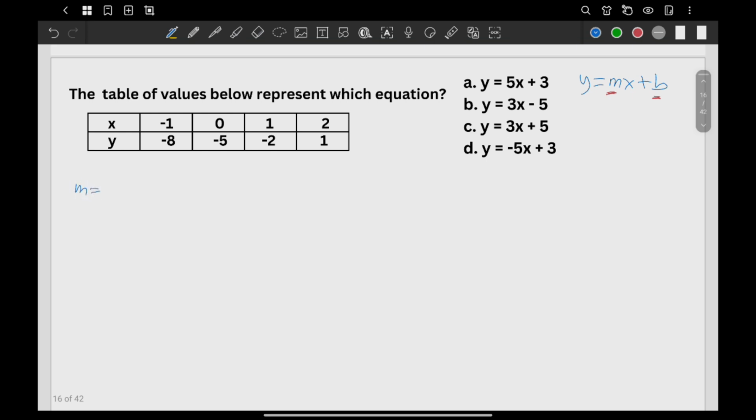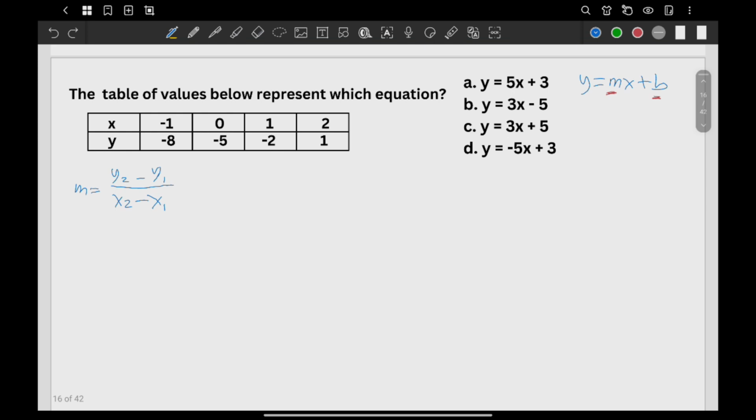M is equal to y sub 2 minus y sub 1 over x sub 2 minus x sub 1. You should be familiar with this already. So what about the b? You can solve the b later, although if the given is like this, please be observant. Actually, no need to solve for the b or the y-intercept. What do you mean by y-intercept?